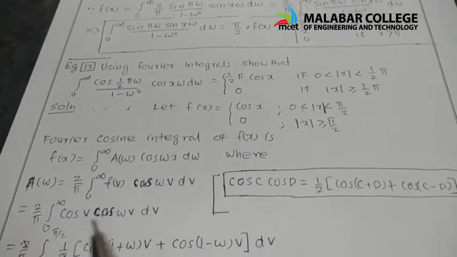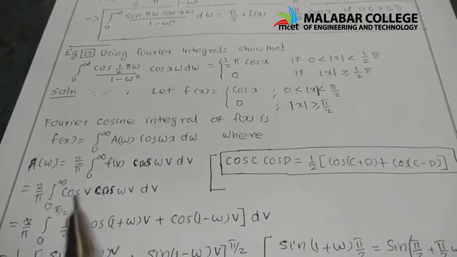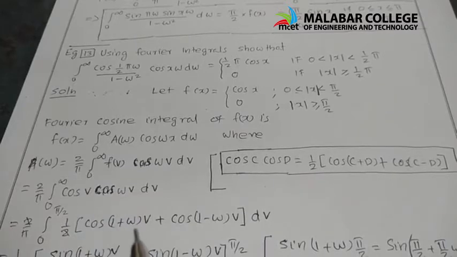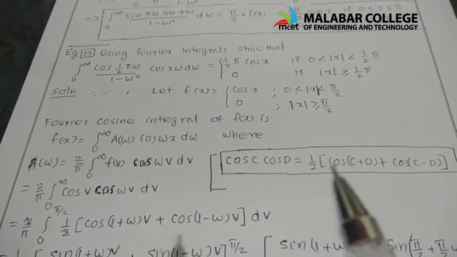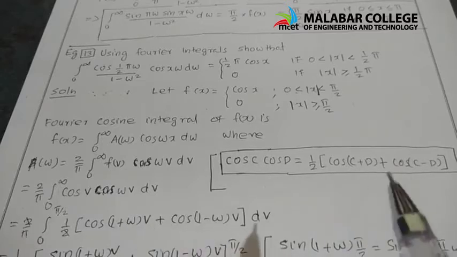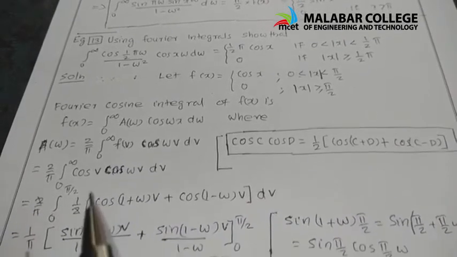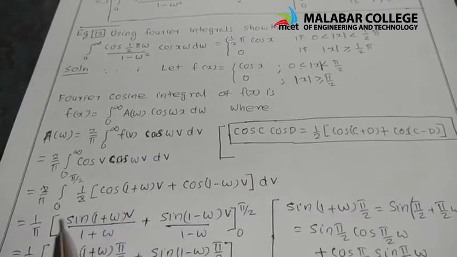Here we have the cos c cos d formula, which is half into cos c plus d plus cos c minus d, where c is v and d is omega v. Taking v out, it is 1 plus omega into v and 1 minus omega into v in place of c plus d and c minus d. So cos c plus d means cos 1 plus omega into v, plus cos c minus d means cos 1 minus omega into v dv, and we have to integrate again as explained before in the question.